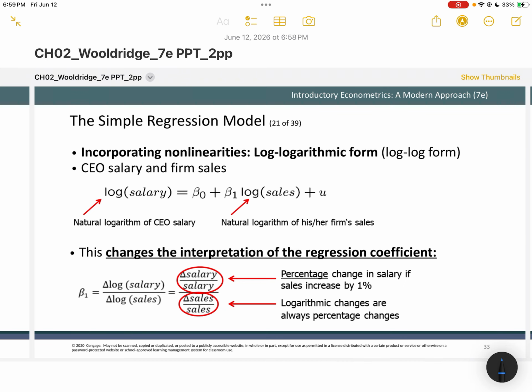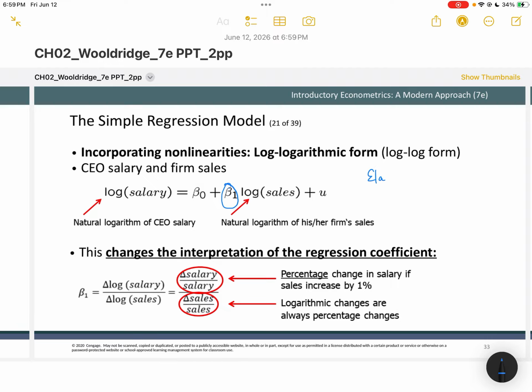Can we have the log log form? Yes, we can. When we have the log form, beta 1 becomes elasticity. And those of you taking my micro class, you know what elasticity is. Elasticity is the ratio of percentage changes.